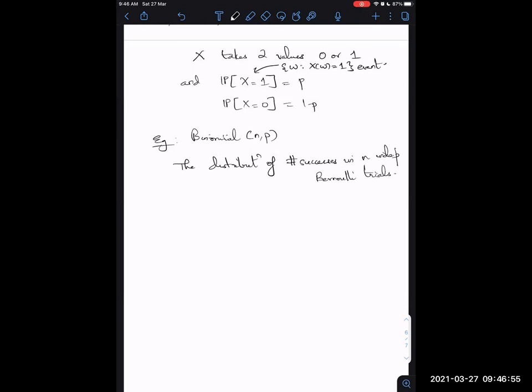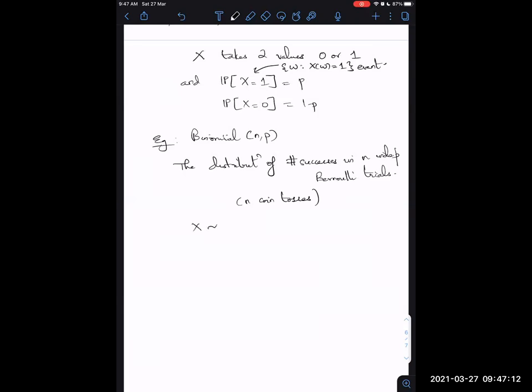Basically, you can think of n independent coin tosses, you know what independent is, and you are just counting the number of successes.